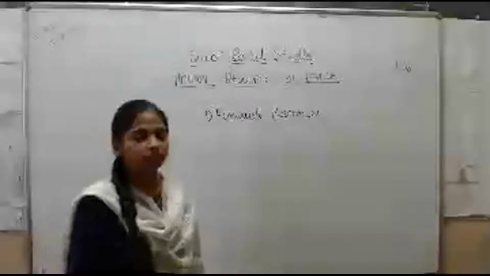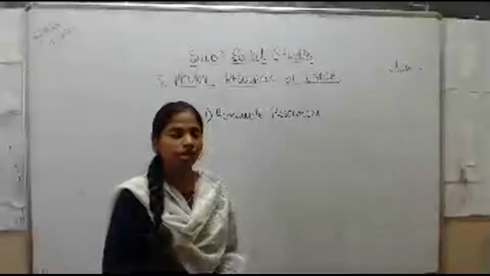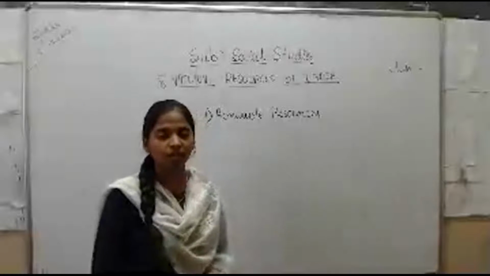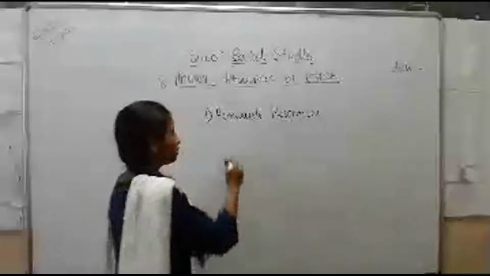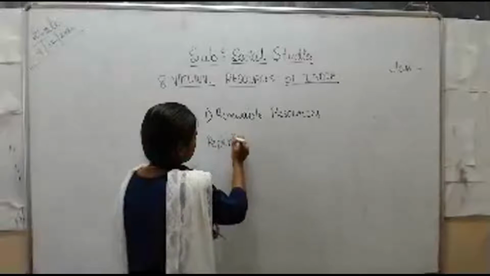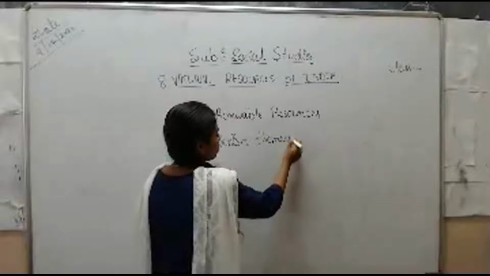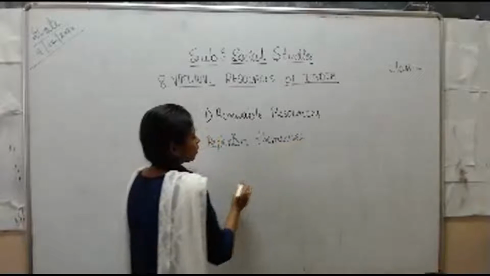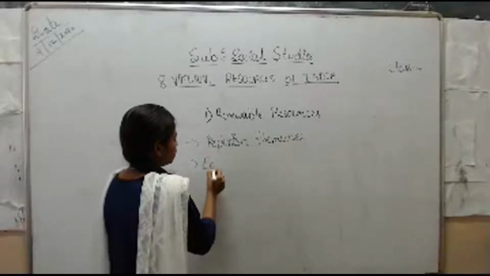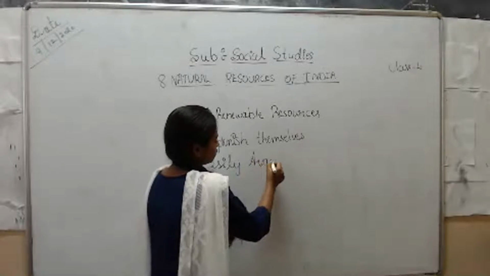I told you throughout the whole lesson what a renewable resource is. Renewable resources are nothing but the natural resources which can replace themselves. They replenish themselves, as well as being easily available.